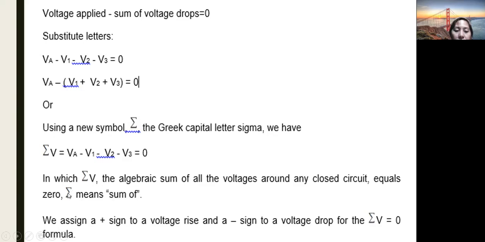This sigma means sum of. We assign a positive sign to a voltage rise and a negative sign to a voltage drop. The voltage applied is the total voltage.